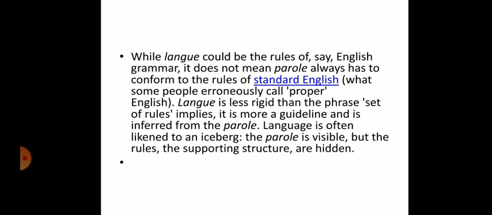Lang is less rigid than a set of rules; it is more a guideline and is inferred from the parole. Yes, sometimes parole even has the capacity to change the Lang or the abstract system. We have seen in word formation, and early in our first lecture about the properties of language, how meanings change with the passage of time, or words change their forms with the passage of time.